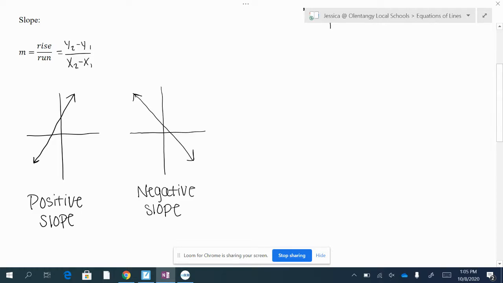And then we have 2 more. So if I have another graph that has a horizontal line, so this is my horizontal line right here. Okay, so this is going to be a slope of 0. And you would have a horizontal line when you have y equals a certain number.